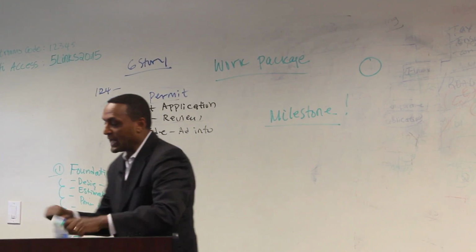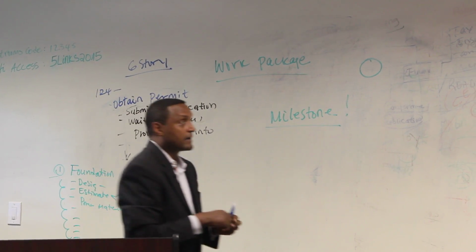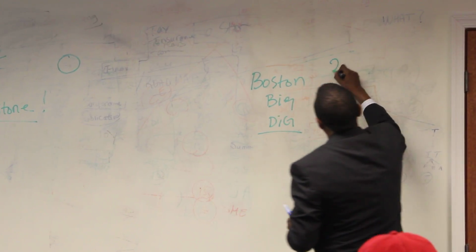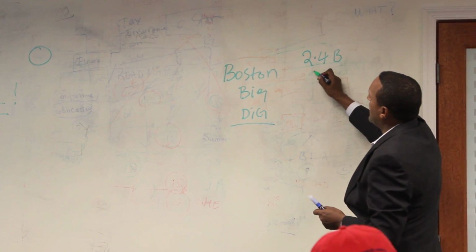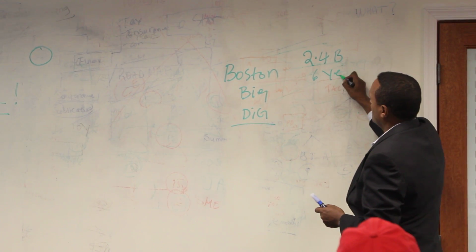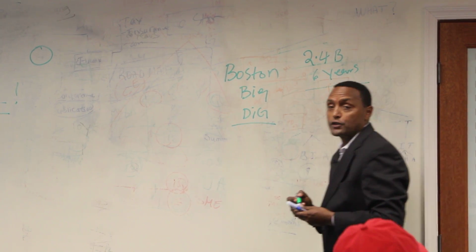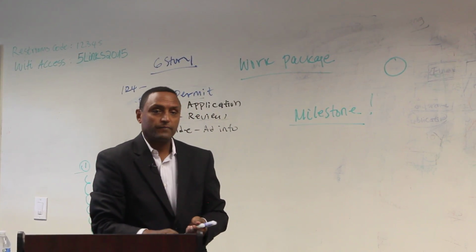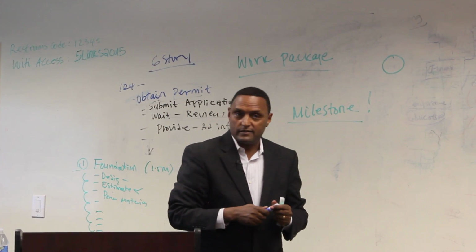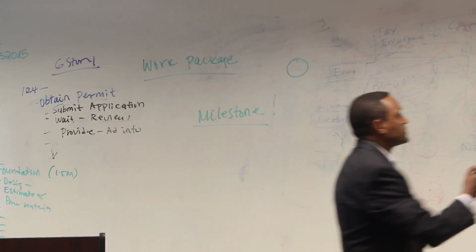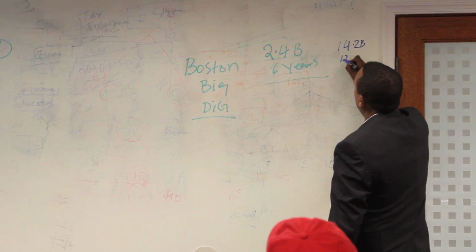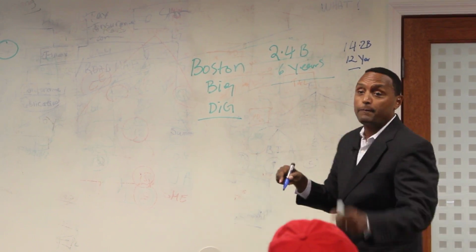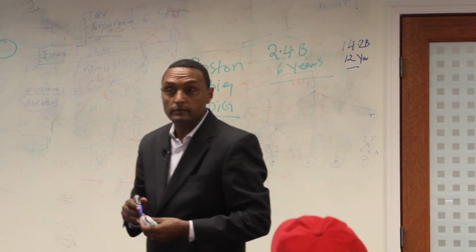When they originally agreed, the project would cost, I'm not sure, but it's like 2.4 billion, and I think it was 6 years. That was the original project. And then guess what? When the project was completed, the total project cost $14.2 billion and 12 years. And still part of the tunnel is falling down and killing people.